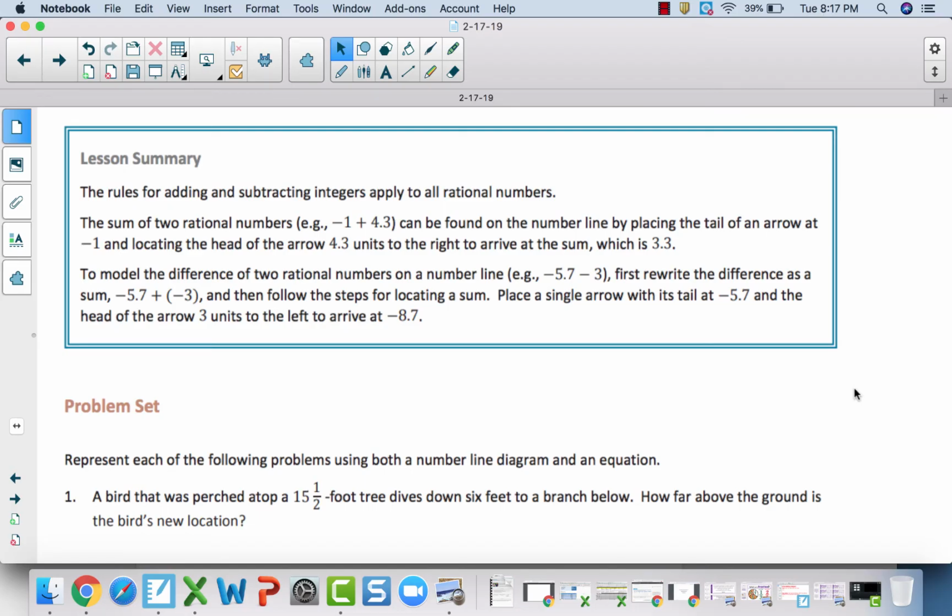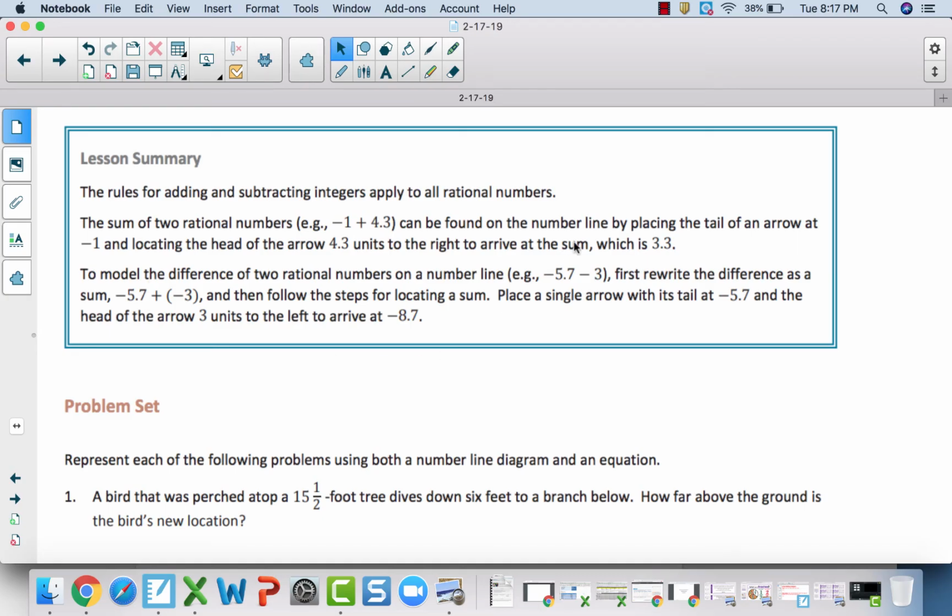Those apply to rational numbers, meaning fractions, decimals, mixed numbers, all of those things. Okay? Now, we've also learned the one tail, or the one vector, the one arrow approach. You can put the tail end of the arrow on the first integer or the first rational number and then just draw it based on how long the second rational number is. You just have to make sure you're going in the correct direction.